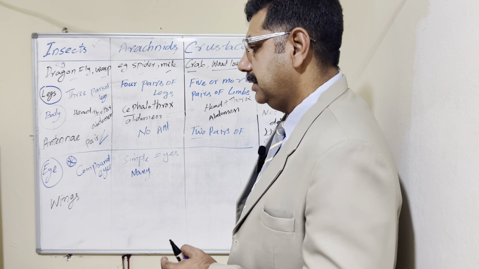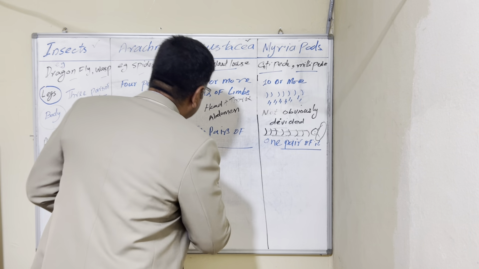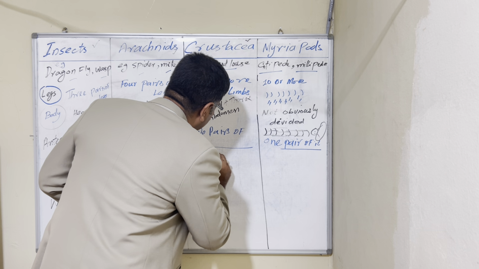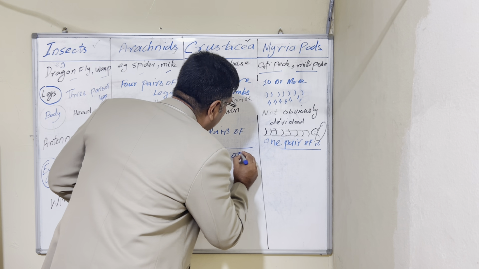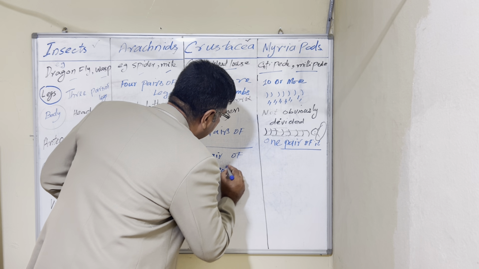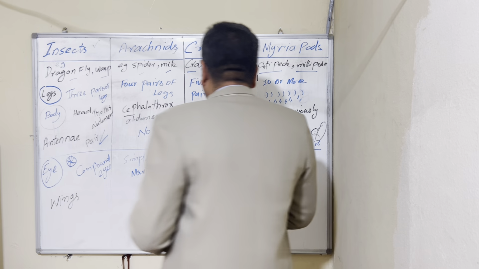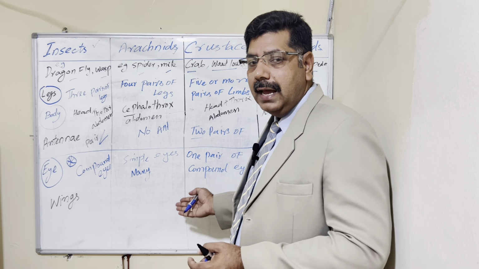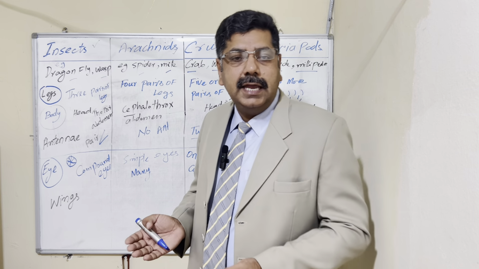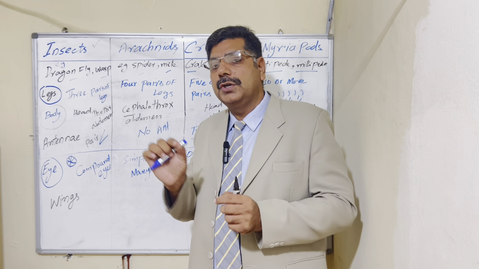So here one pair of compound eyes in crustacea. How many pairs of compound eyes? One pair of compound eyes. Compound eyes mean the eyes are segmented, with portions in them.